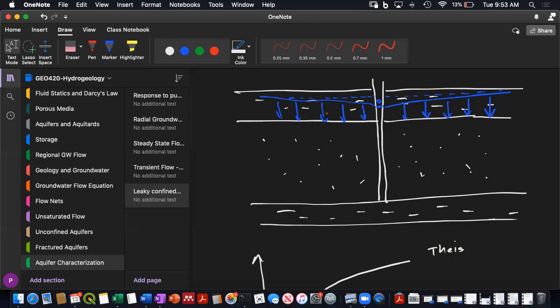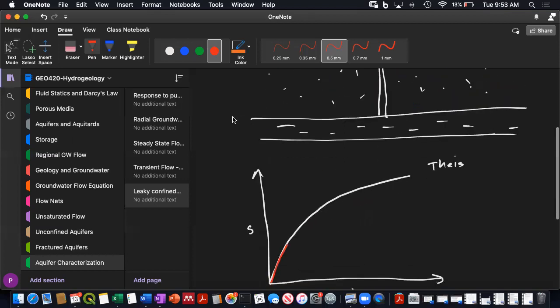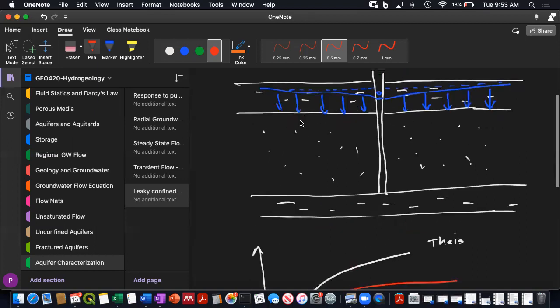Yeah, you're adding water from another place besides your aquifer, right? So there'll be less drawdown. So what we'll see in this setting is that the drawdown will start to tail off, and then it'll plane out, and sometimes it'll even reach a fully flat line, where all the water that's coming into our well is being supplied by leakage out of this leaky aquifer.